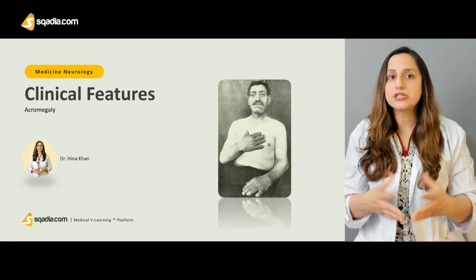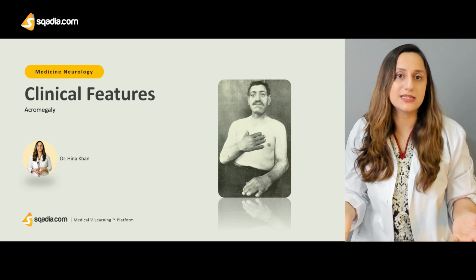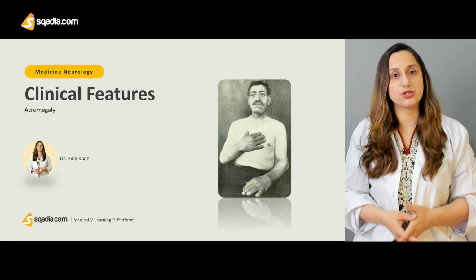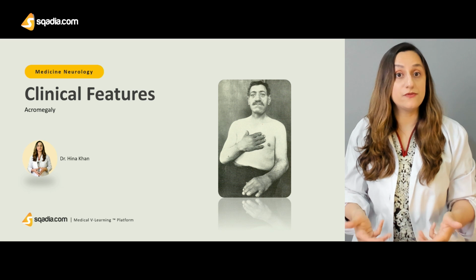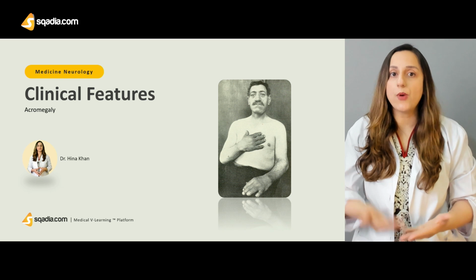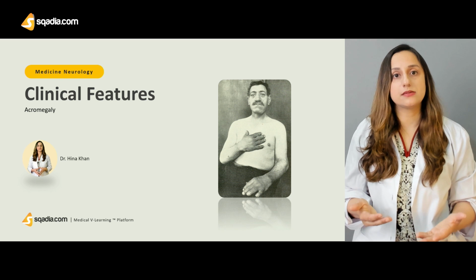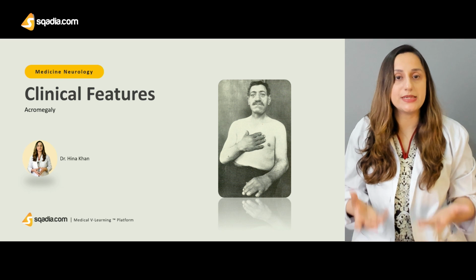Sometimes the patient won't even give you a family history or a positive past medical or surgical history, as we even saw in the case study that we were discussing. There was no positive family history, no past medical history, and no significant drug history as well.